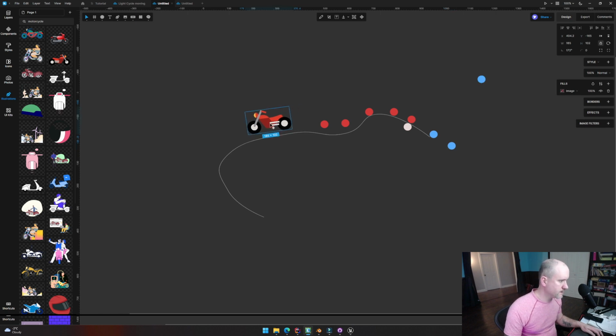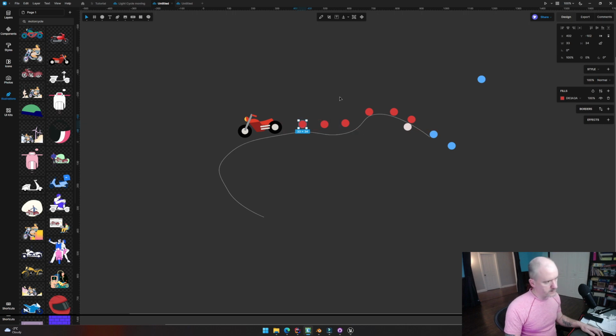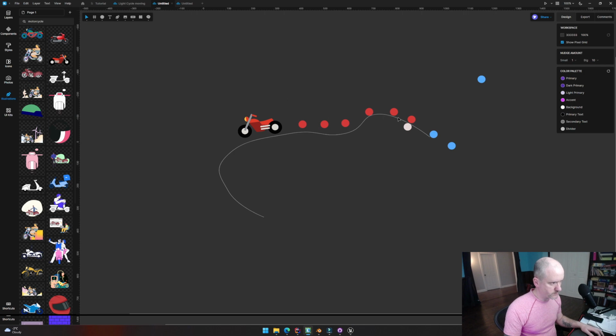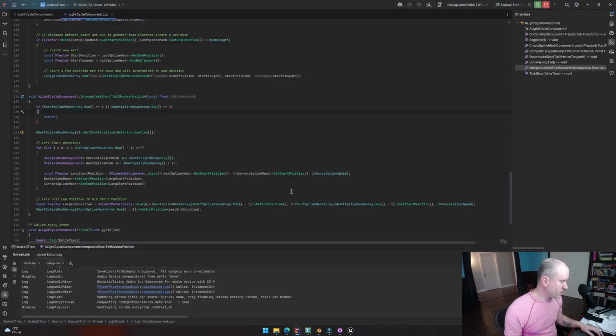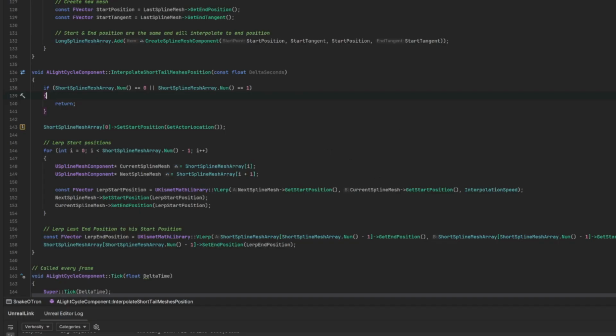So basically that's just what I've done. First I tried with the spline components, but afterward I decided to just keep in memory the last known position of the vehicle. So the code is quite simple.